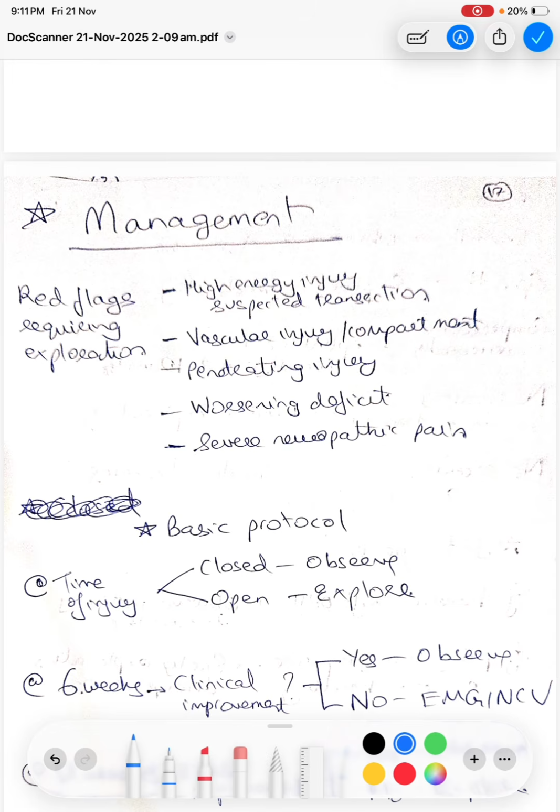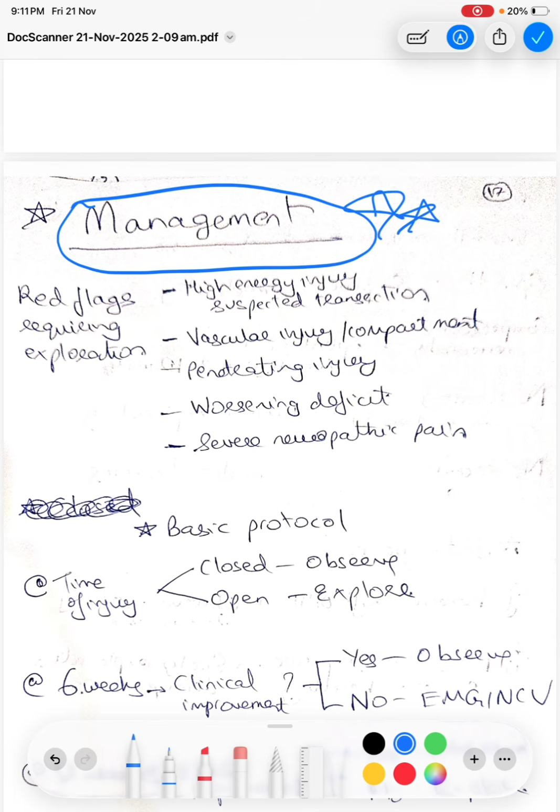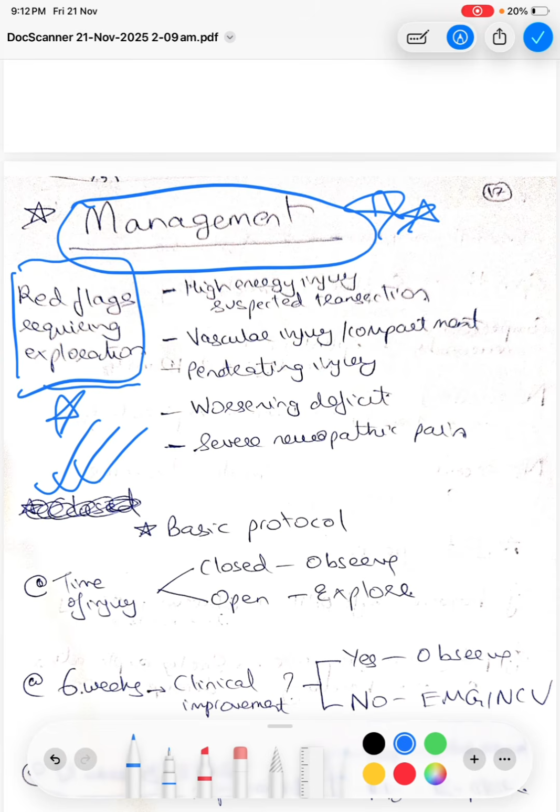Part of the concept of wrist drop. Now we are going to discuss the most important part for clinical practice. How do you manage a case of wrist drop, be it pre-operative or post-operative? First we need to understand the red flags which definitely require exploration. First is high energy injury.